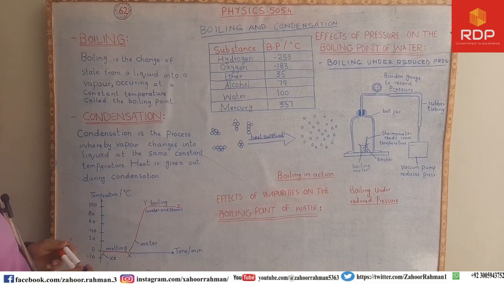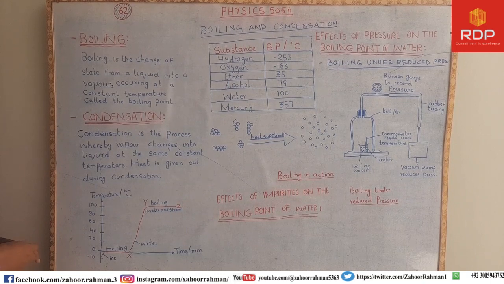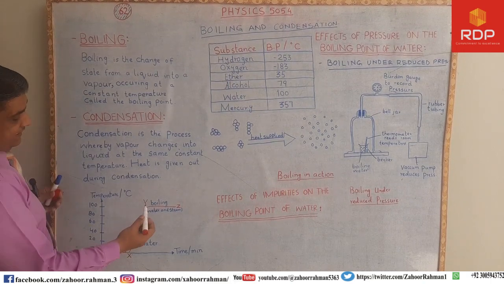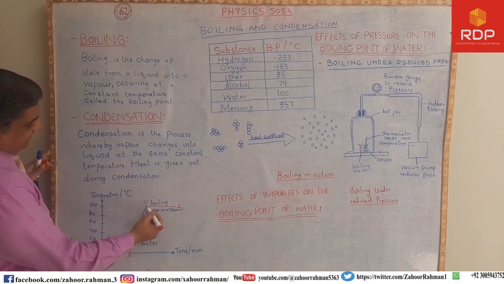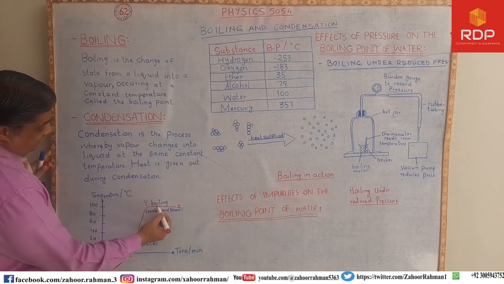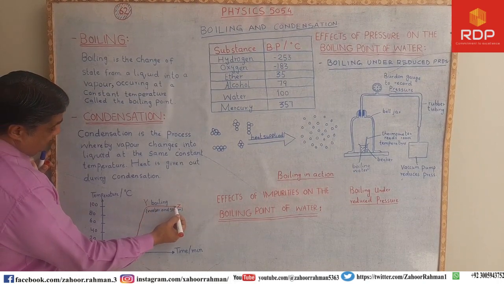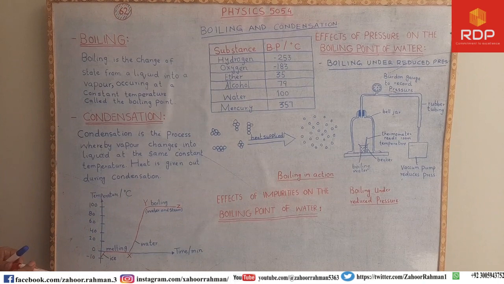Ladies and gentlemen, you will say, what is constant temperature? If I see this curve, then there is a constant temperature. The temperature is not changing during this period, and during this period the transition is taking place from liquid to vapor.